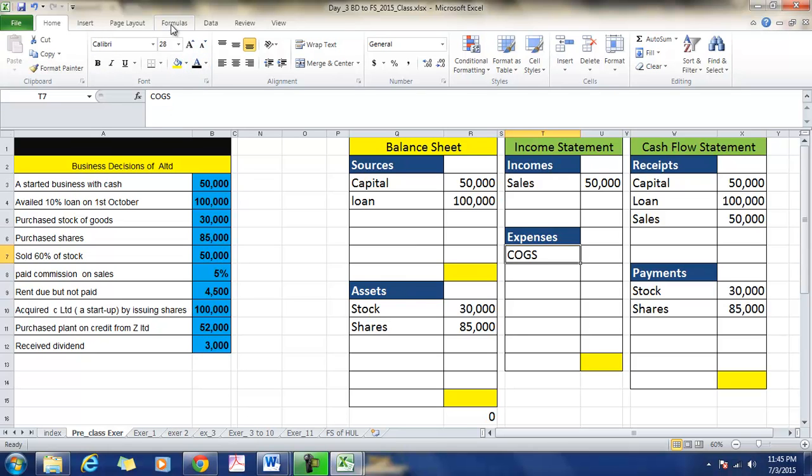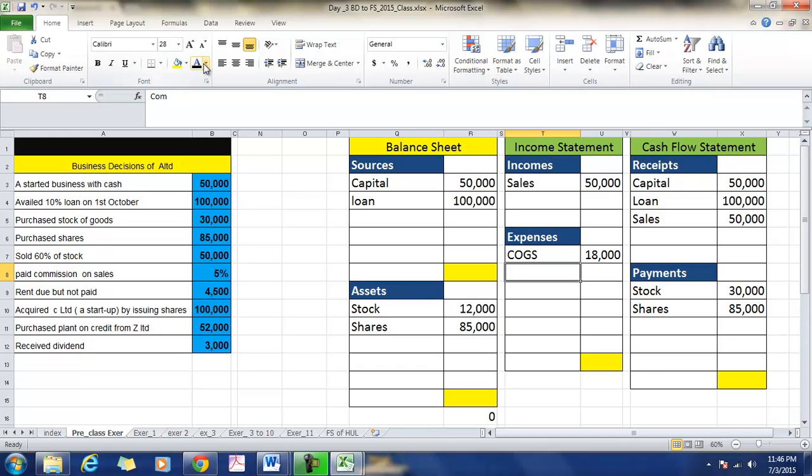In this case, the cost of goods sold is 60% of the stock which is existing. So, stock is 30,000 into 0.60. And the stock of goods sold will reduce the amount of the stock available. So, an asset reduces because asset has become an expense.